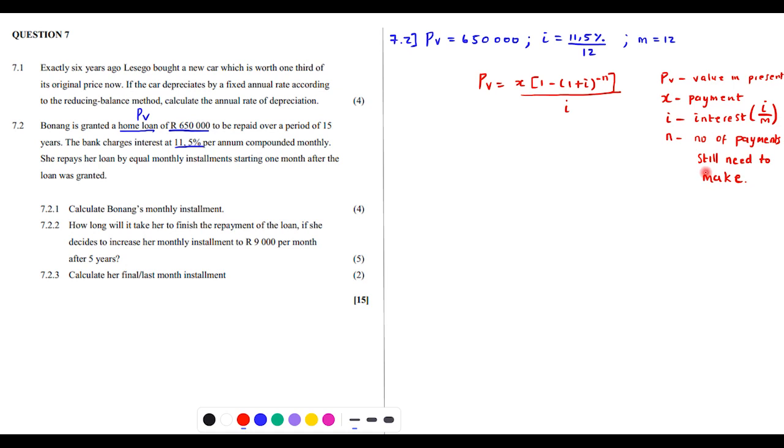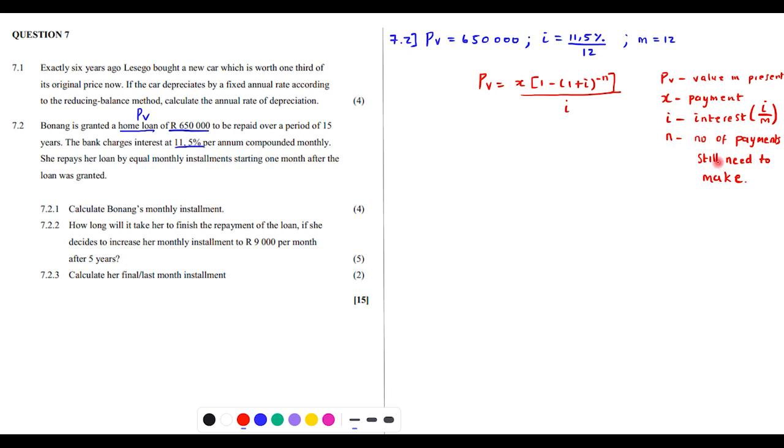They look at it as, okay, we gave you this amount, you have a period of 15 years, and every month you're going to be paying this X amount of money. So that is why n here is perceived as the number of payments you still need to make.